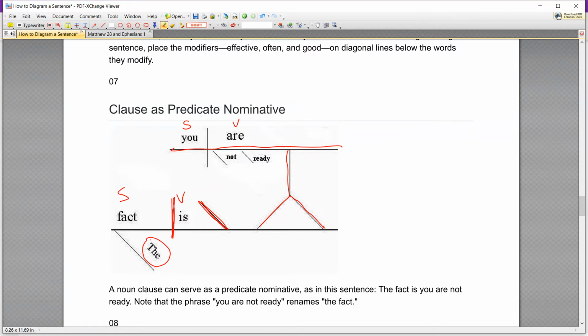There's no problem with not here, but I'm sure the red should go up here. Ready is a predicate that states something about the subject. So this is a predicate. So the fact is what? That you are not ready. So this is how you do it.